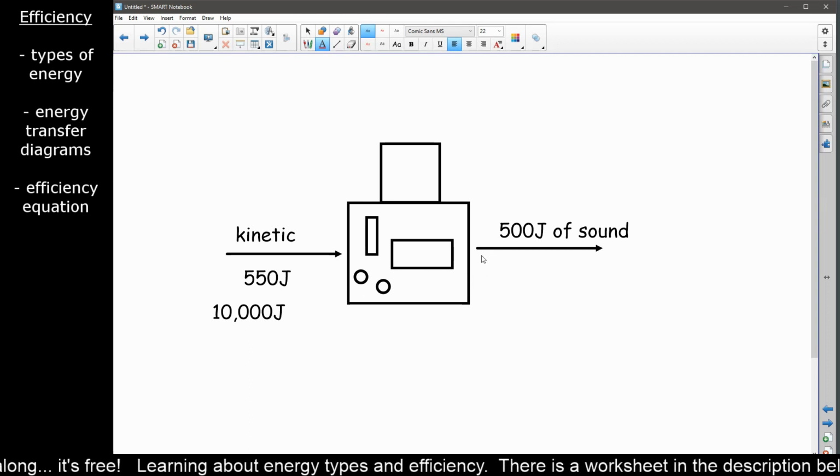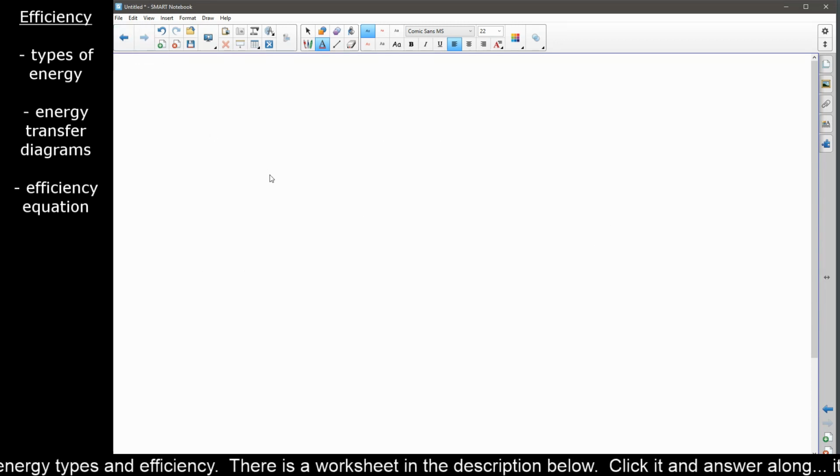Now looking at these numbers, we can do that kind of in our head normally, but what we really want to do is have numbers associated with that. And this is where the concept of efficiency comes in.